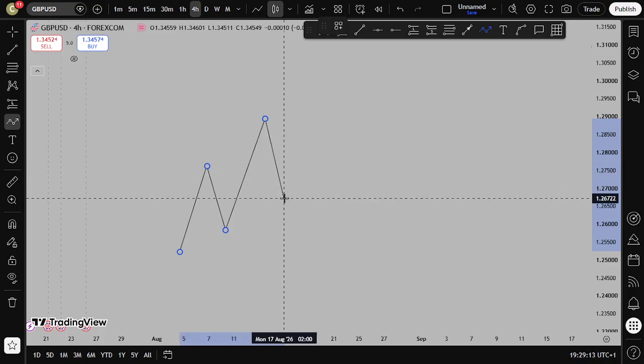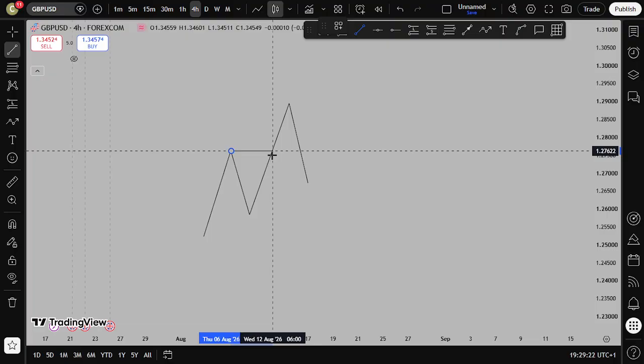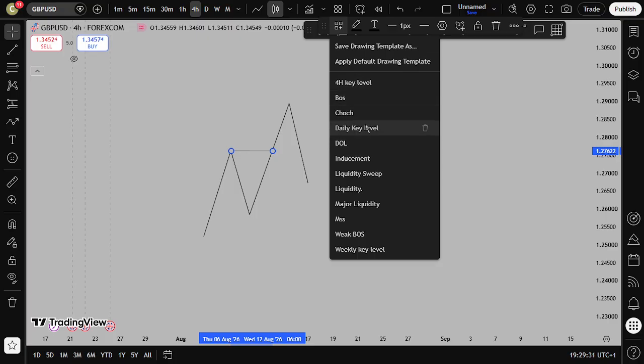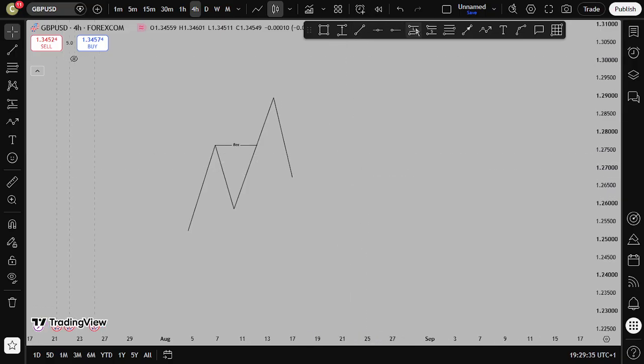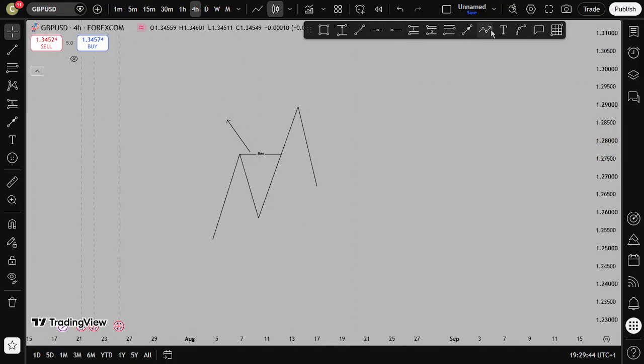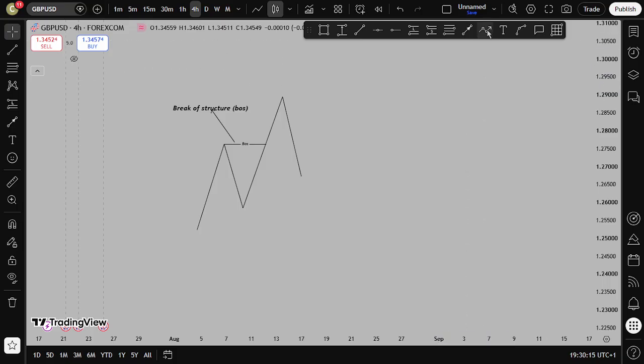Like I said, it's called a break of structure, BOS. The same thing applies in a downtrend.